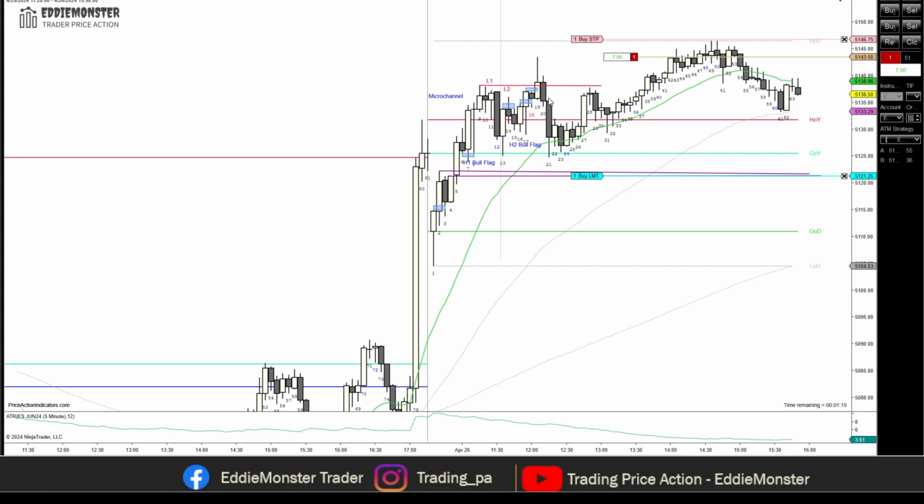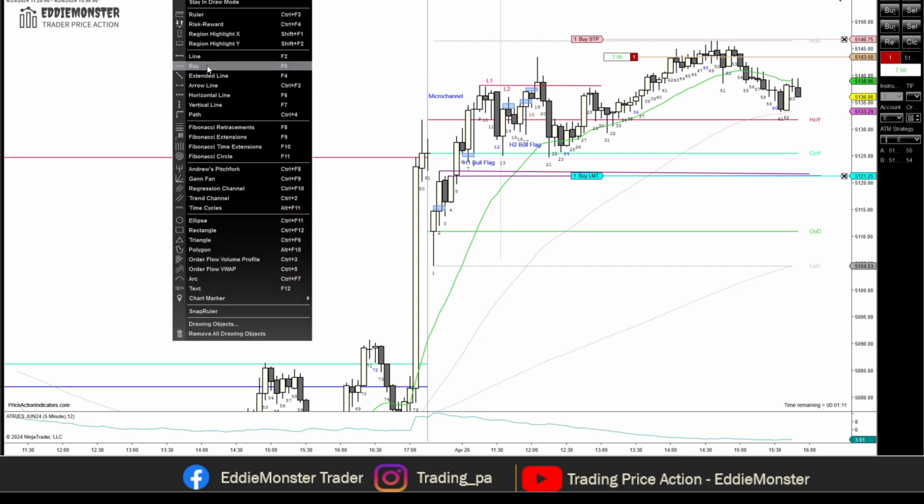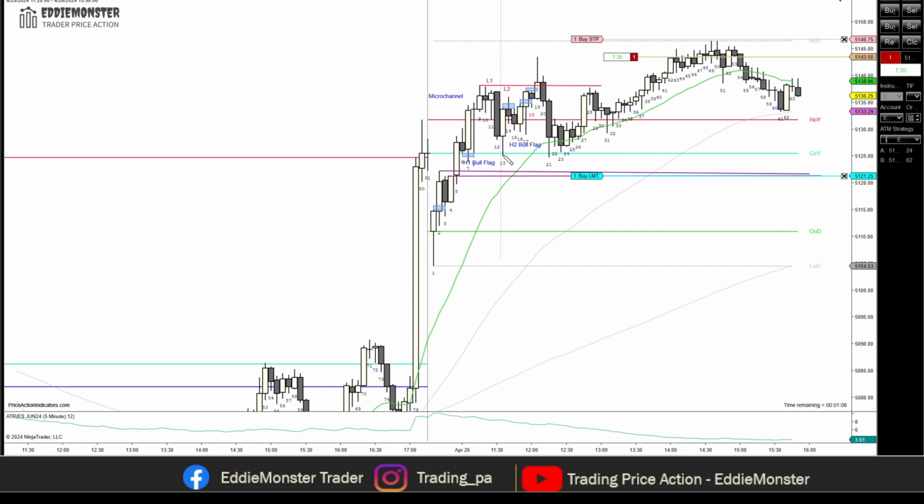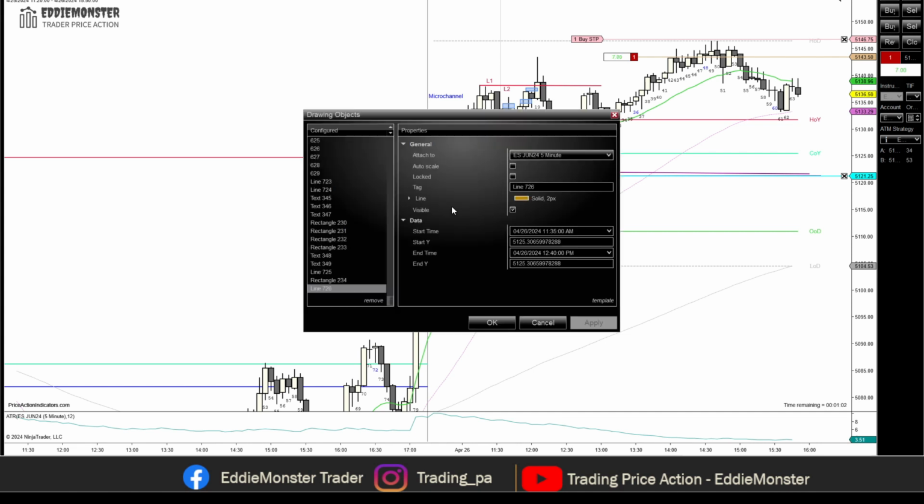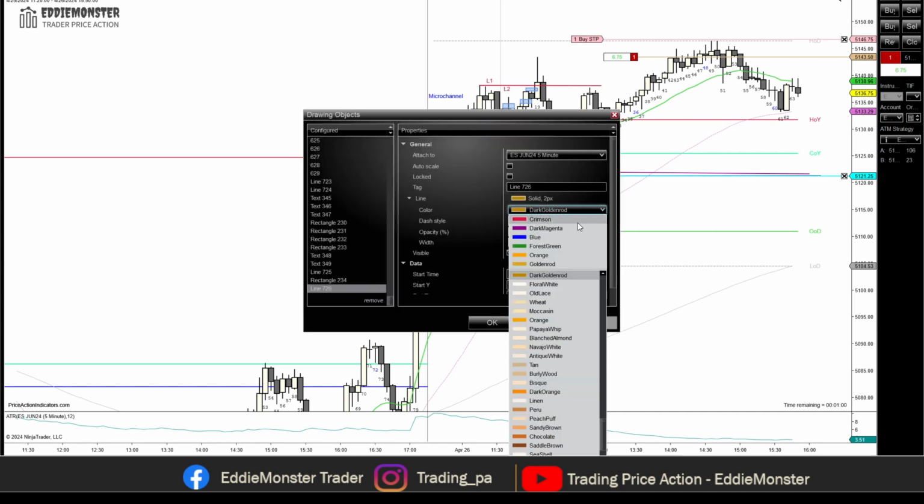But then we have 19, 20, 21 going below 13. In my opinion, here we're setting the stage for a trading range for the rest of the day.